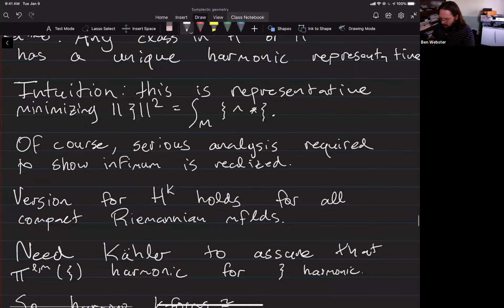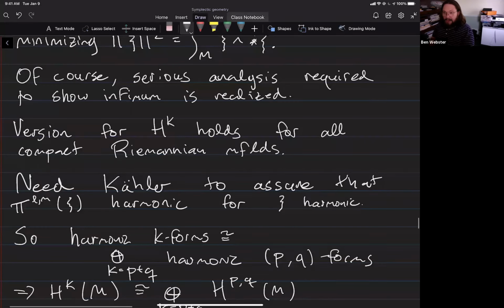The version for de Rham cohomology doesn't require any of this fancy stuff. It holds for any Riemannian manifold. The key thing that you need being Kähler for is to make sure that being harmonic plays well with this decomposition into PQ forms. I changed my mind a few times about what these indices should be; at some point I was reading enough stuff that used PQ that I just switched over.